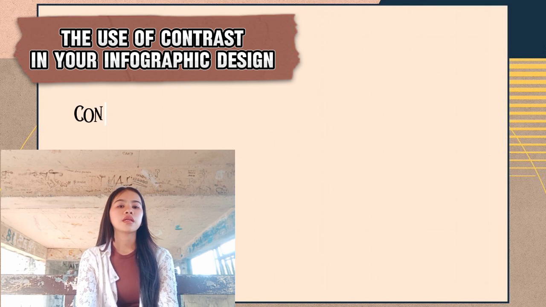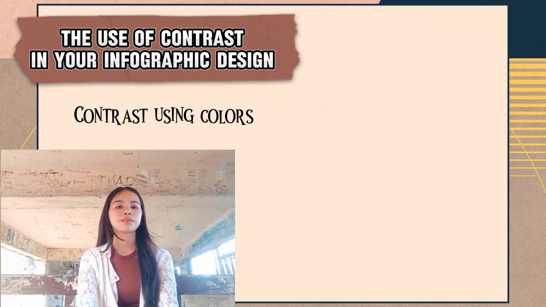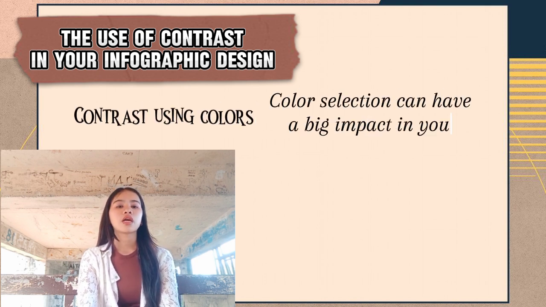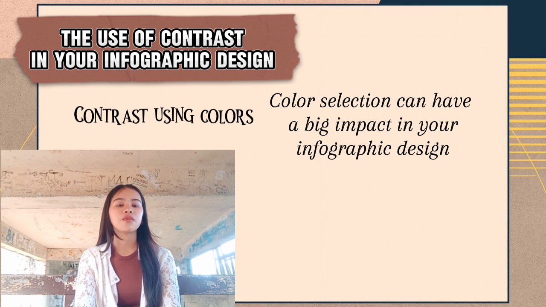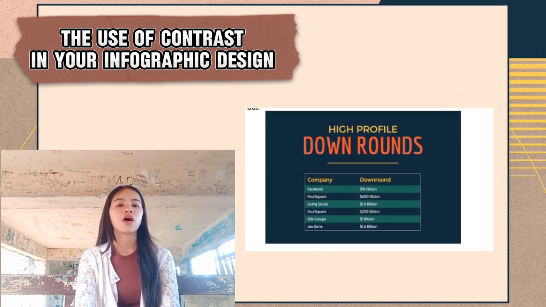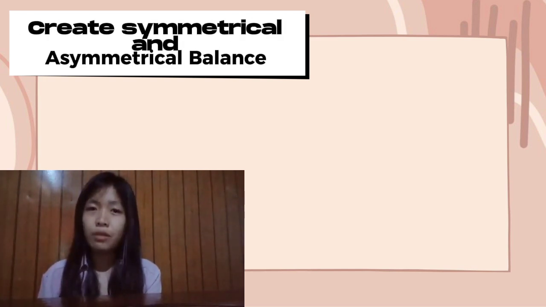Then we have here the contrast using colors. Color selection can have a big impact on your infographic design. Try to pair calm elemental colors to make your headline pop. We have here the example of color contrast. Create symmetrical and asymmetrical balance.